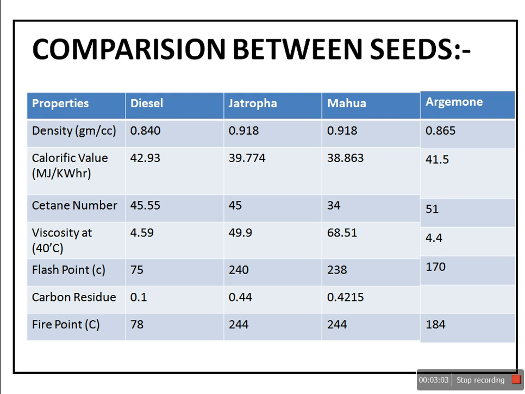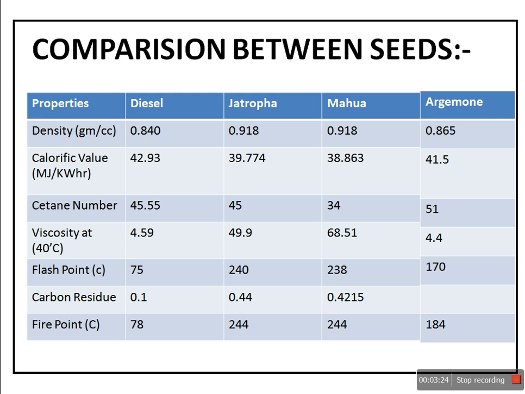Diesel has density 0.840, Jatropha 0.918, Mahua 0.918 and Argemone 0.865. This is less than Jatropha and Mahua, and not equal to diesel, but it is similar to the diesel. Only 0.02 difference is there.